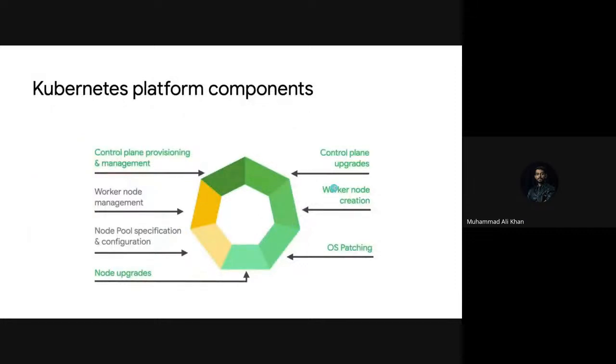So, if we visually see what things we have to manage in a Kubernetes managed offering, the worker node management and node pool specification configuration are on you, while control plane upgrades, OS patching, node upgrades, and control plane provisioning are managed by the cloud provider itself. So these are mainly the control plane components of your infrastructure.